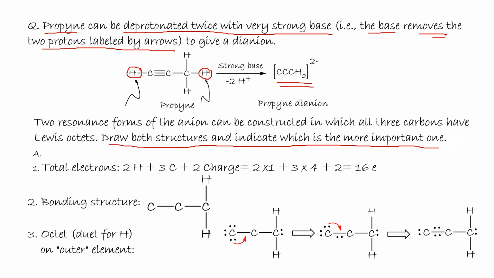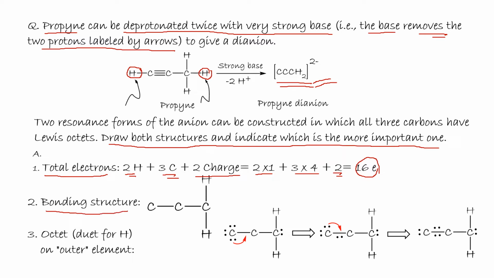Important one. To draw the Lewis structure for that dianion, we count total electrons. In this formula, we have 2 hydrogens, 3 carbons, and 2 charges. 2 times 1, 3 times 4, plus 2 charges gives 16 electrons.